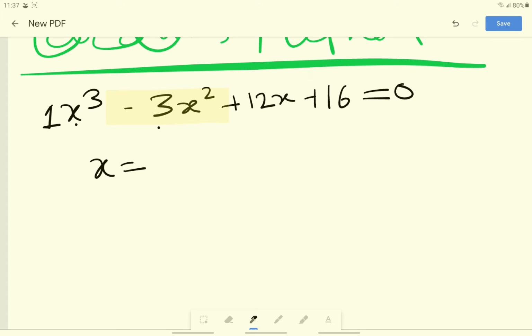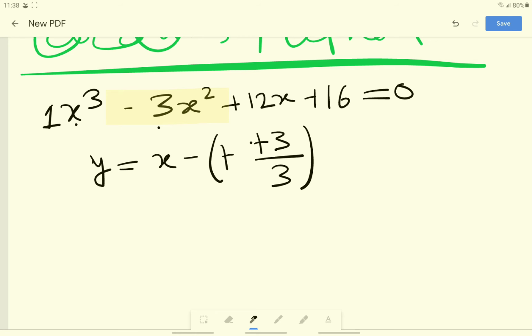So we take y equals x minus, minus of, here it is minus 3 upon 3.